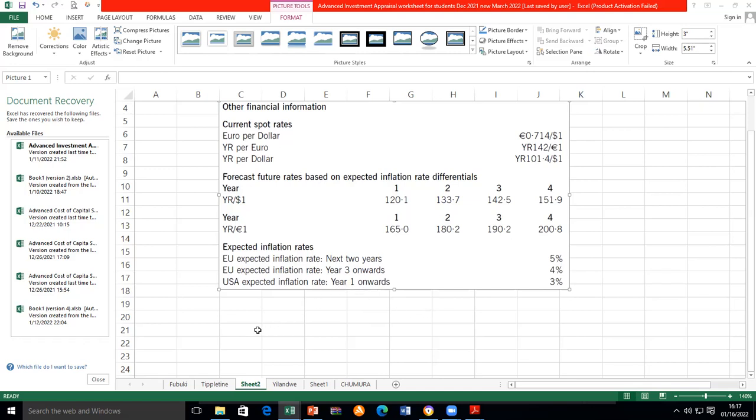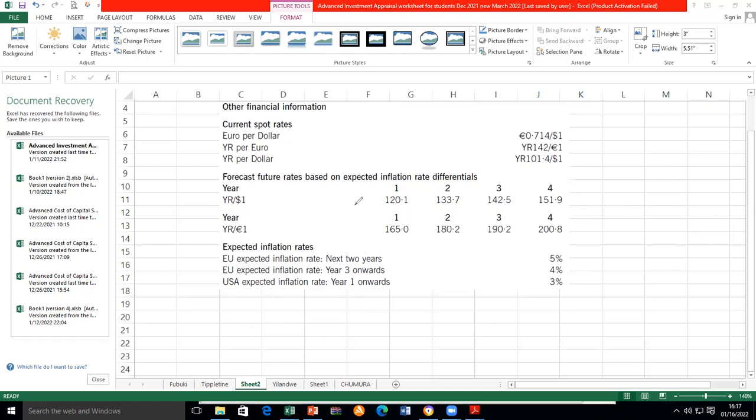Do you remember our formula from the last class? How would you find the forward rate from the spot rate? How do we do the calculations?